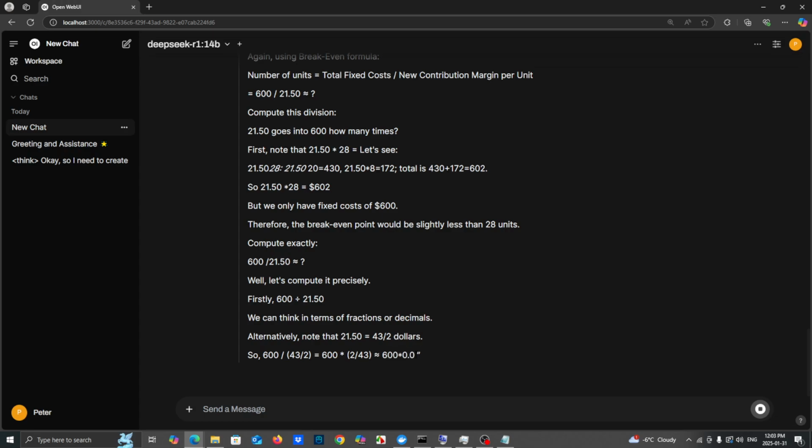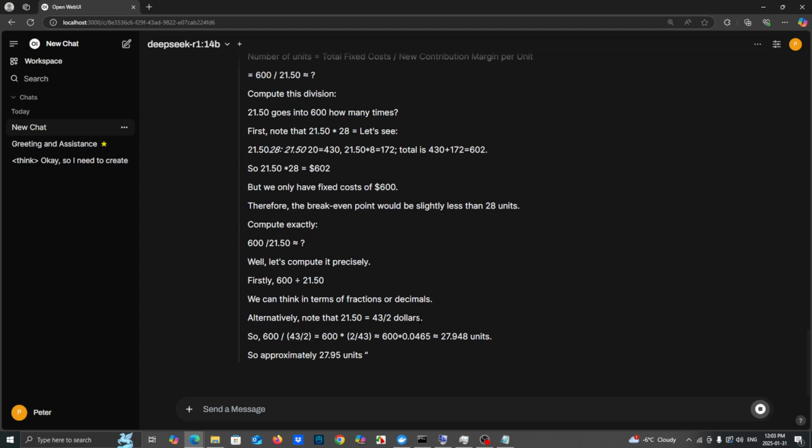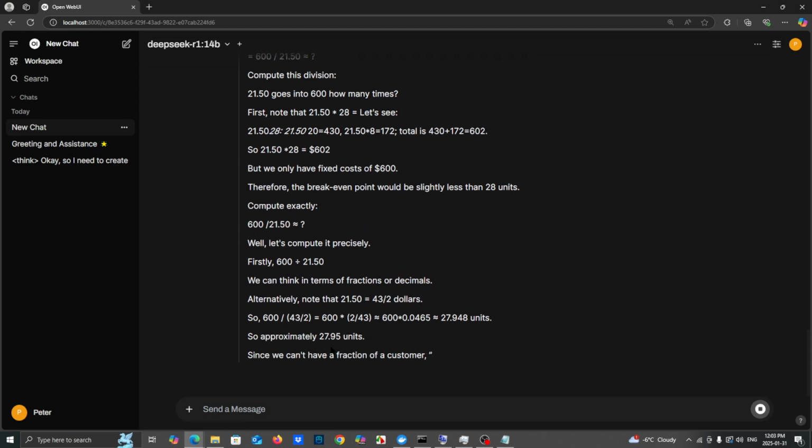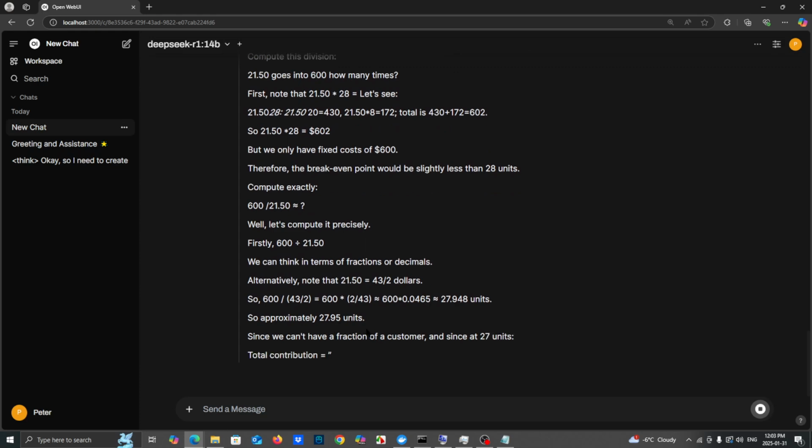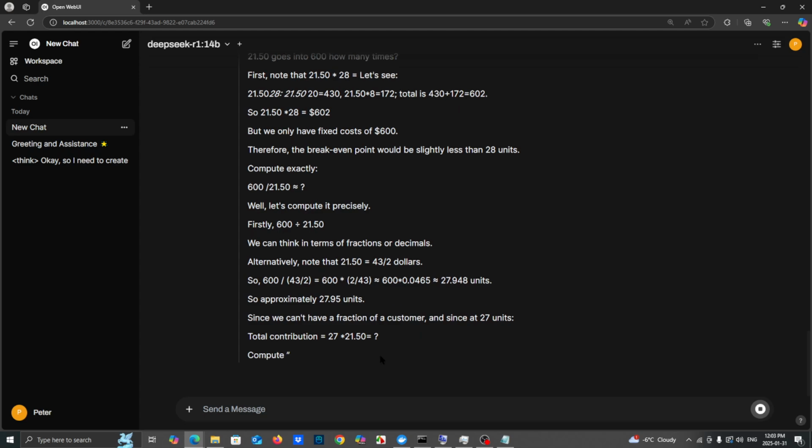This is really detailed because it's talking about fraction, but you can't have a fraction of a customer. So anyways, approximately 27.95, so we round it off to 28. So I need 28 customers, not 20, if I reduce the price from 49 to 39.